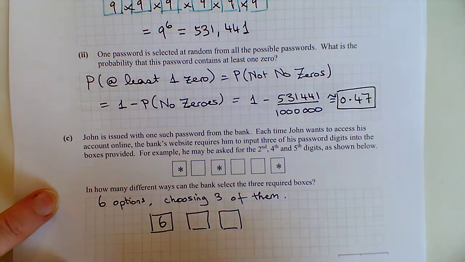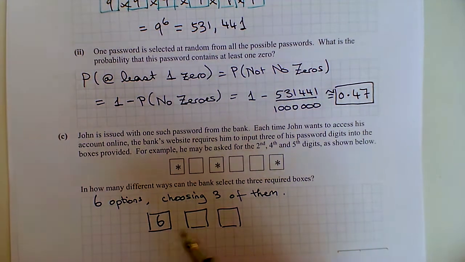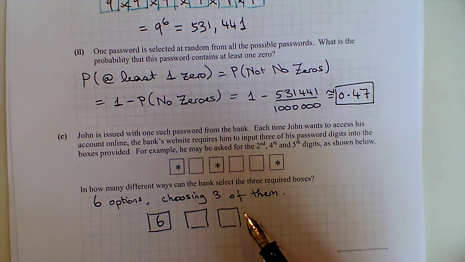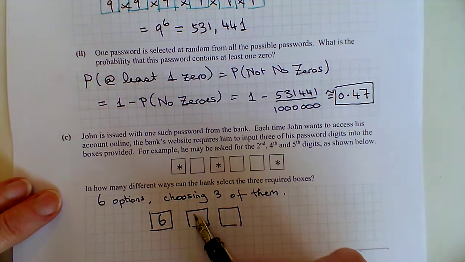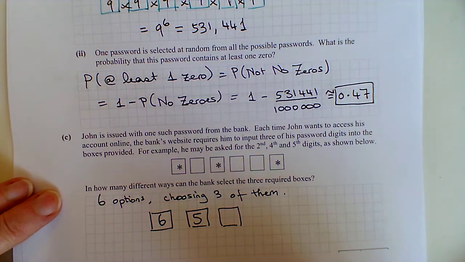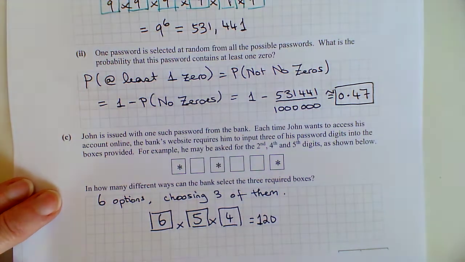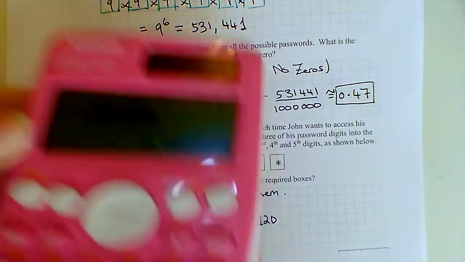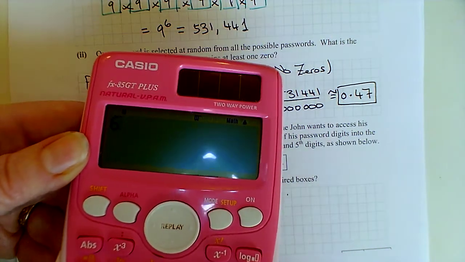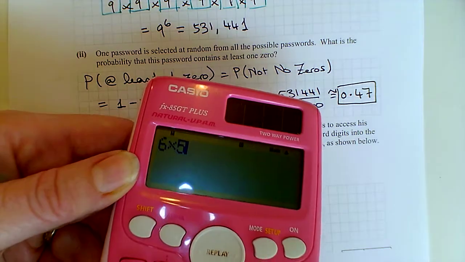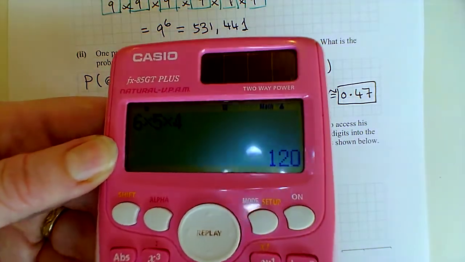But once we've chosen the first one, we now just have 5 of the other digits to choose from. So there are 5 possibilities for the second one, and now we've chosen 2, leaving us with 4 possibilities for the third one. And when we multiply those together, we have 30 by 4, that's 120. 120 ways of selecting those digits. So 6, I'm just going to double check it, 6 by 5 by 4 gives me 120.